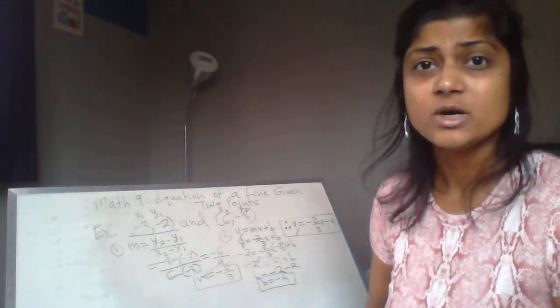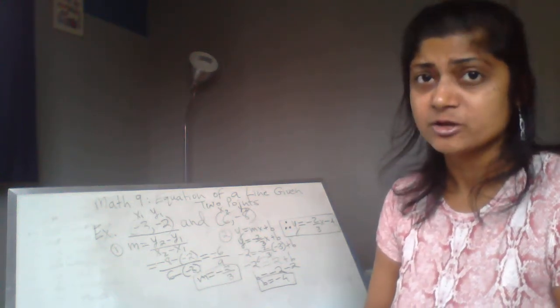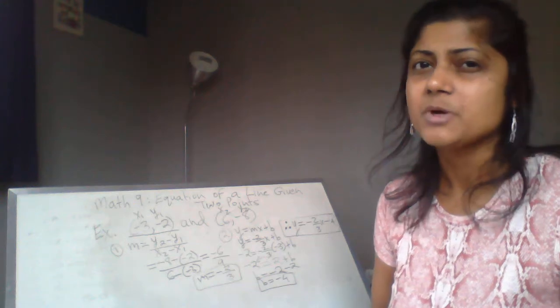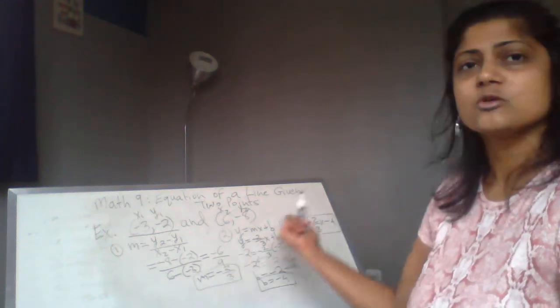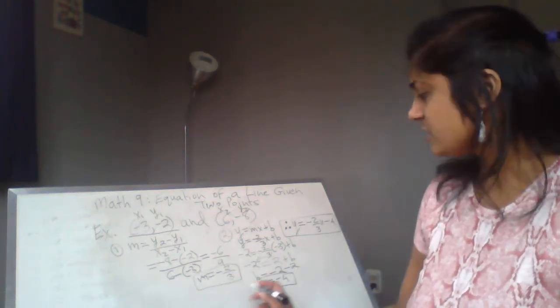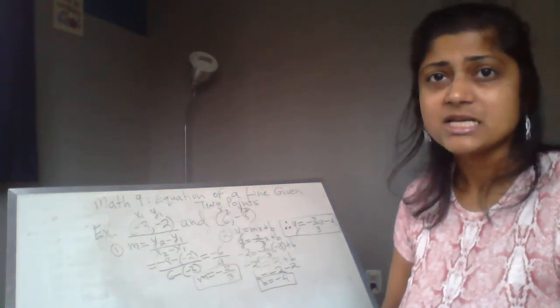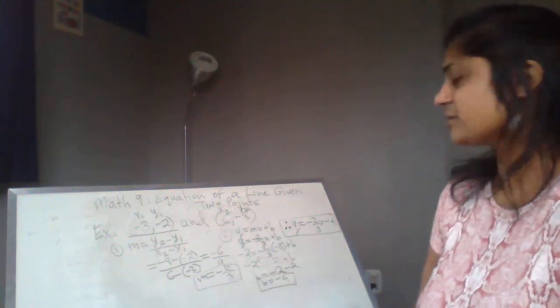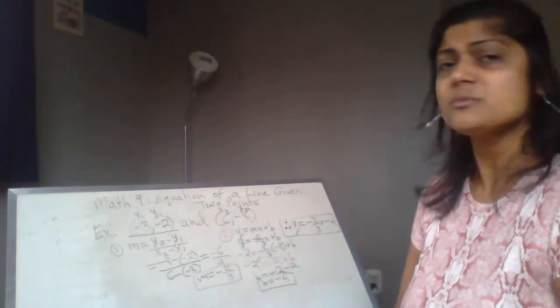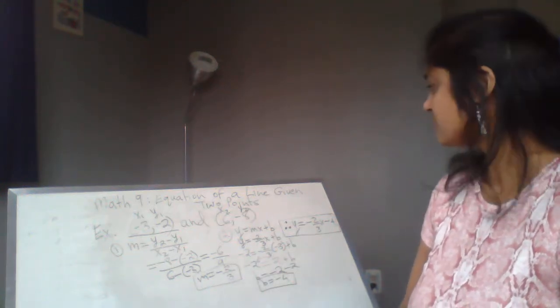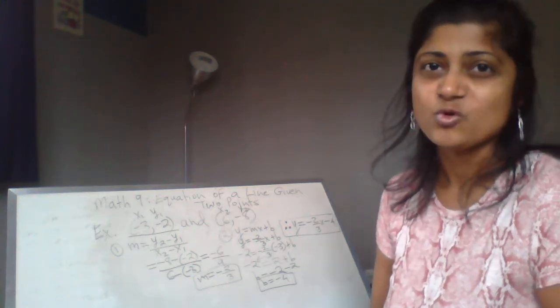There should only be one sign, and teachers can take off a mark for that, because even if it's positive and negative, it's still going to result in a negative. So make sure you watch out for the value of b. When the b value is negative, just keep it as a negative answer here. My final answer is y equals negative 2 over 3x minus 4.